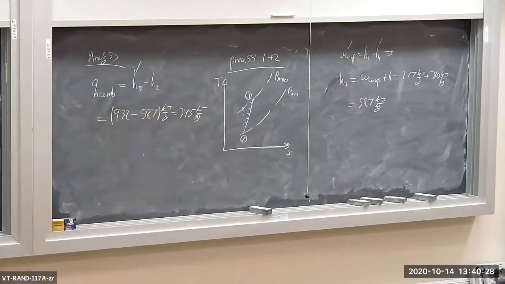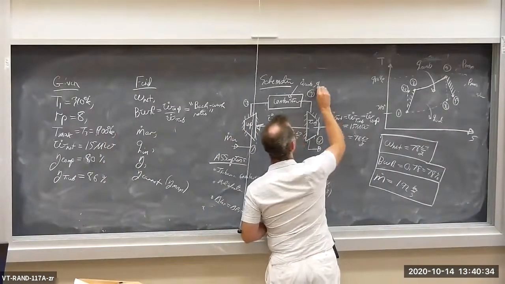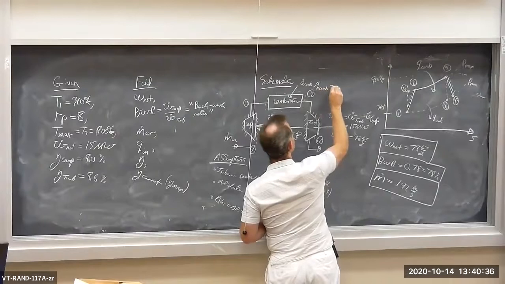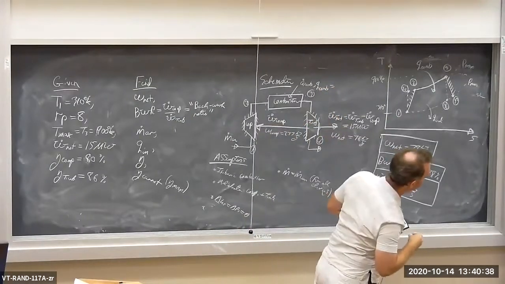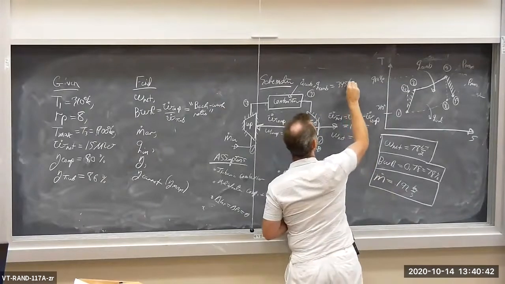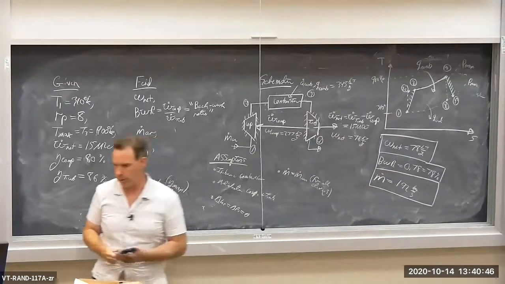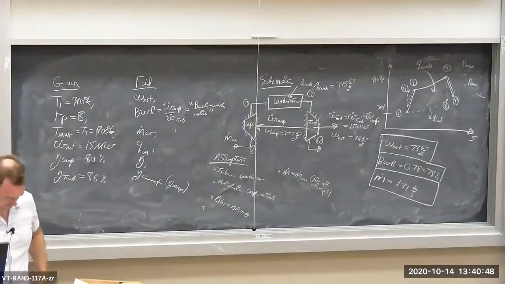So Q in the combustor is 345 kilojoules per kilogram.